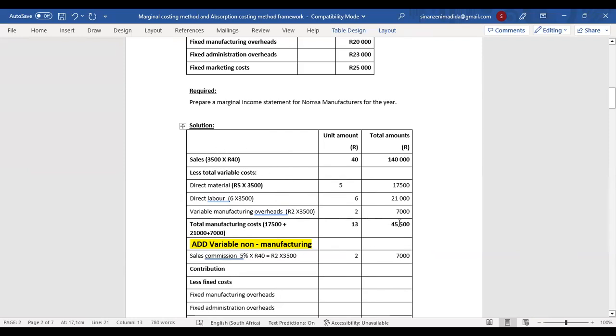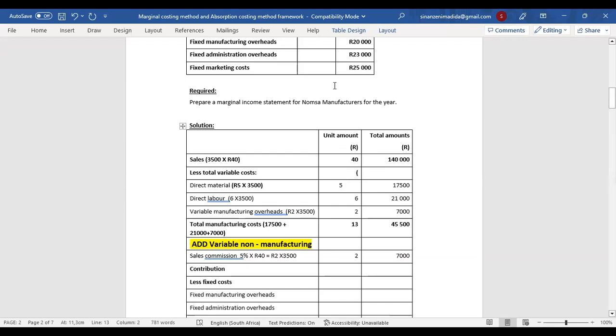Hence, we take our 45,500, we add it to our 7,000 so that we get the amount for here. Let's add, guys, let's start with per unit. What is our total variable cost per unit? We put it in brackets because we are subtracting it. We want to see how much we remained with after only subtracting variable cost.